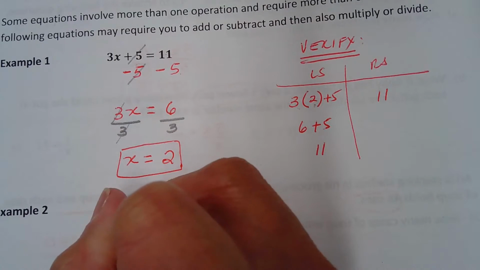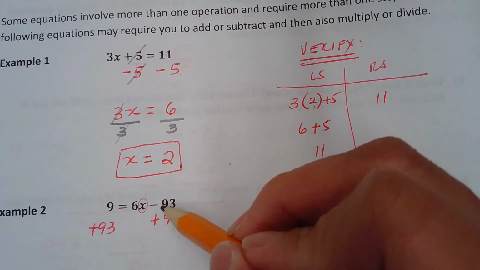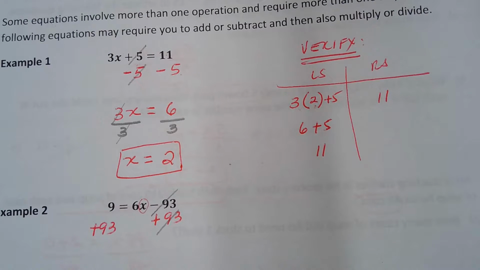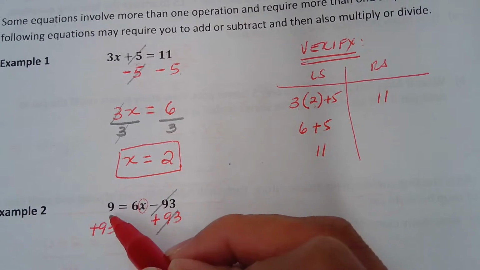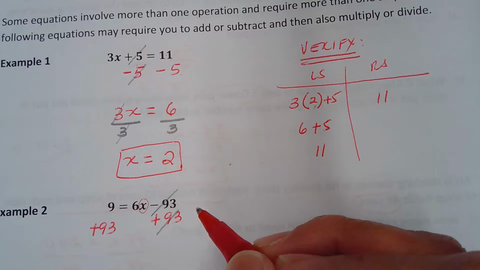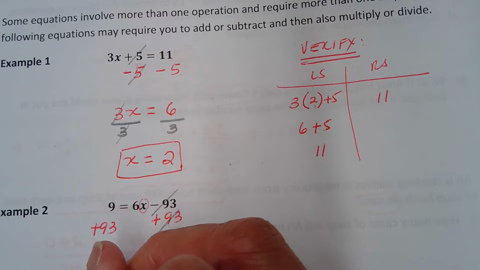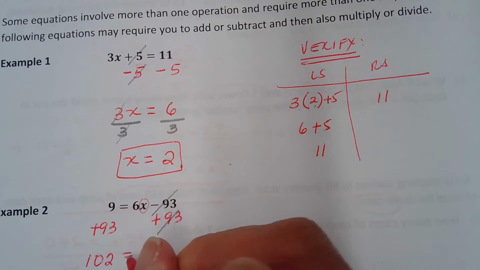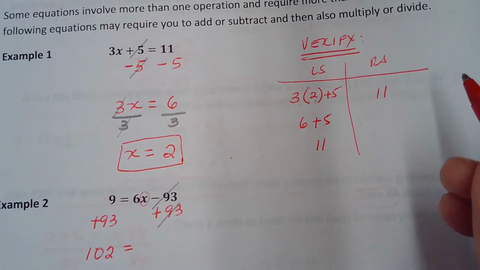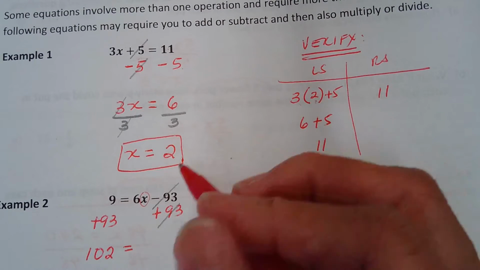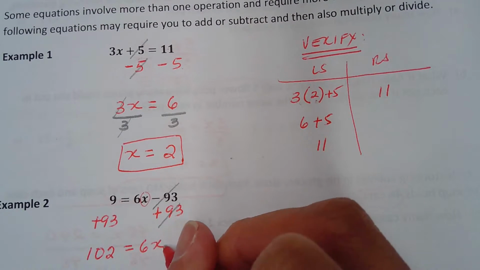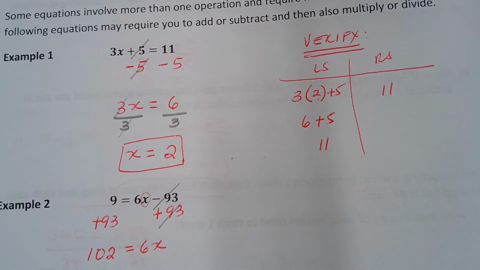So plus 93 will cancel that part. What remains here is going to give us 102, and what remains on the right side? 6x. Okay, what do we do next?